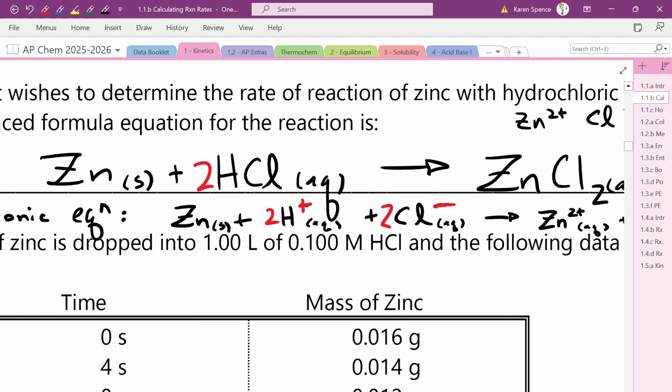Where? Here? What's the charge of zinc there? Why do we have no charge on zinc where it's yellow? Because it's the solid, it is in its elemental state, it is neutral, zero charge.